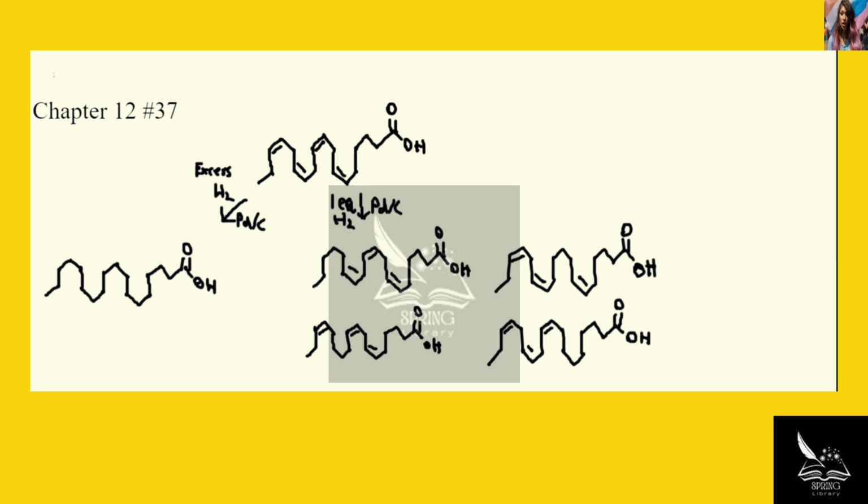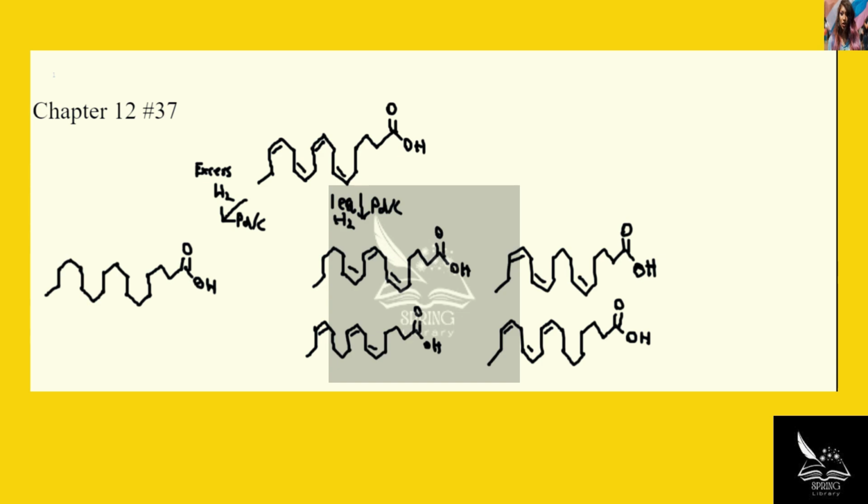But there are no steric considerations here or substituent considerations that would increase the reactivity of any of these double bonds. So they're each equally susceptible to being hydrogenated. So if we use one equivalent of hydrogen gas, we're going to get a mixture that should, in theory, be these 4 molecules, and they should be present in equal amounts. So it should be 25% of each of these 4 molecules. And so that's part B.